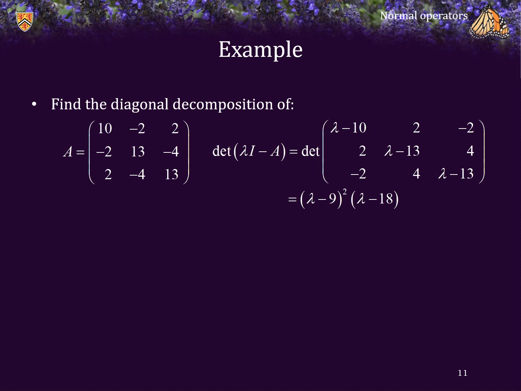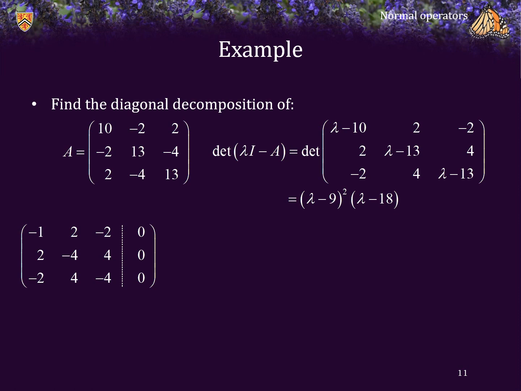So let us substitute lambda equals 9 into that equation and solve the homogeneous system of linear equations to find a basis for the null space. The basis for the null space will be the eigenvectors.